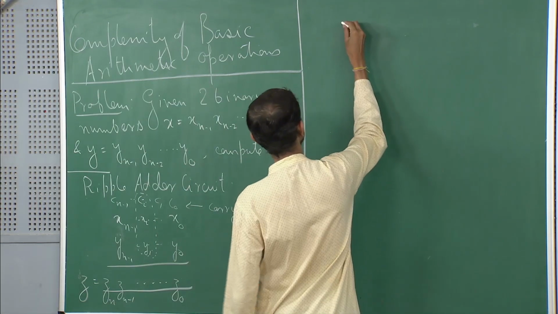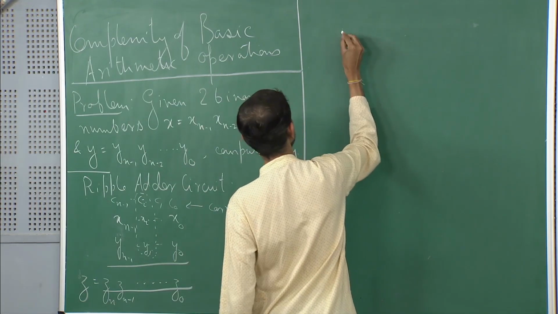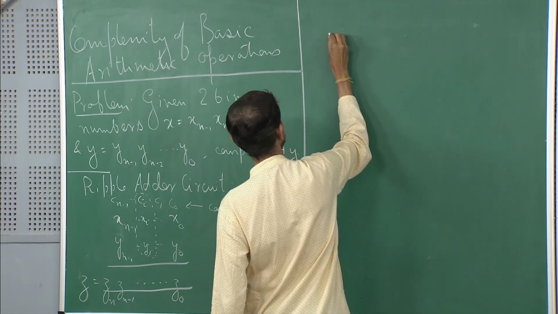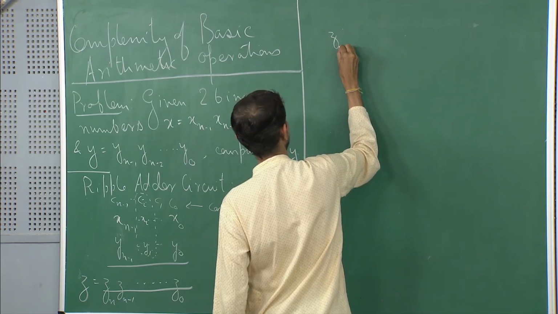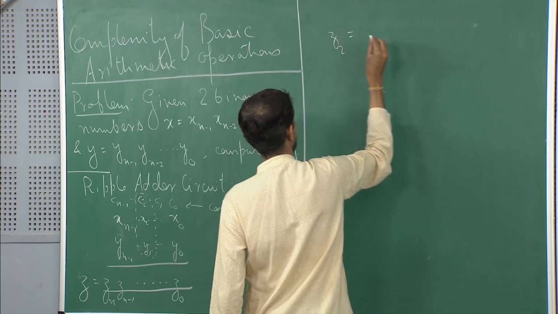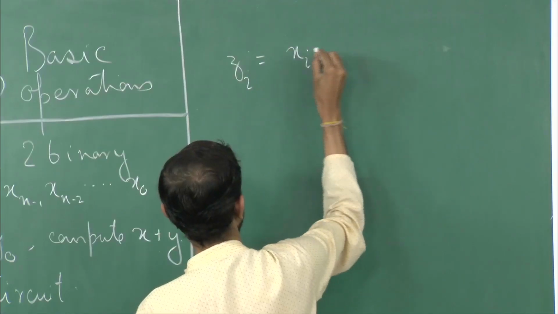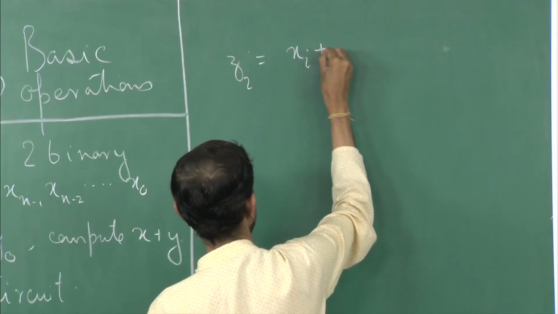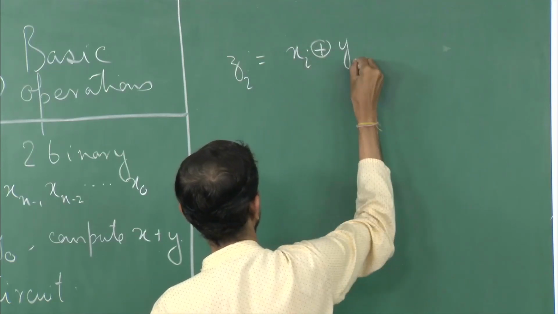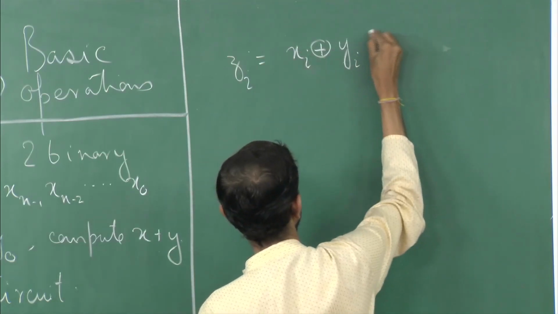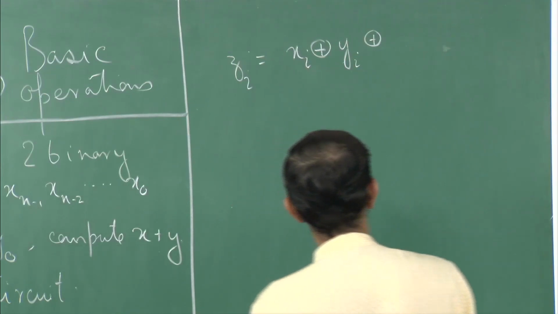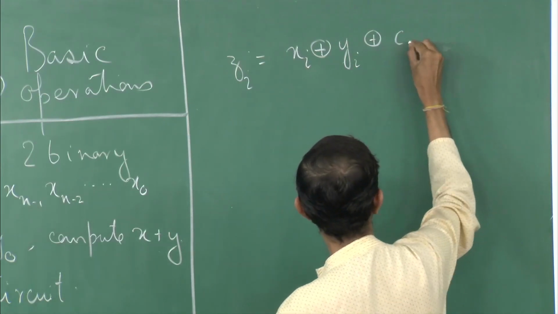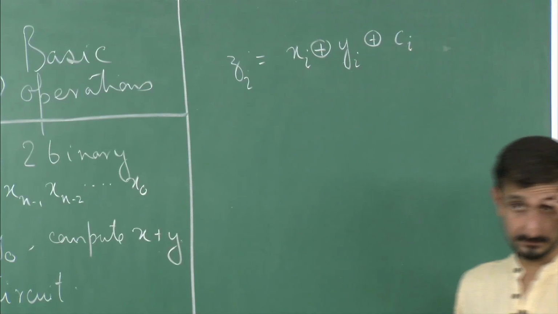So we can write z_i as x_i parity y_i parity c_i.